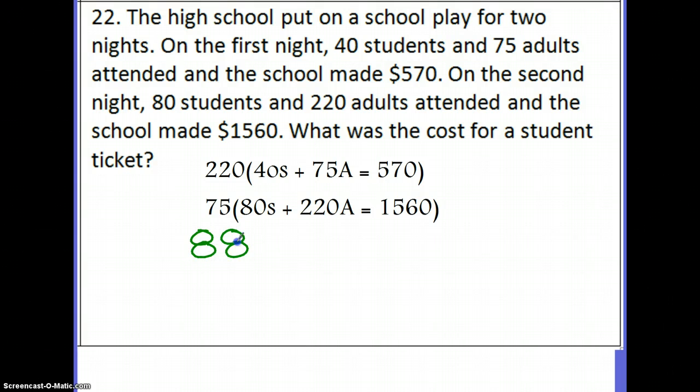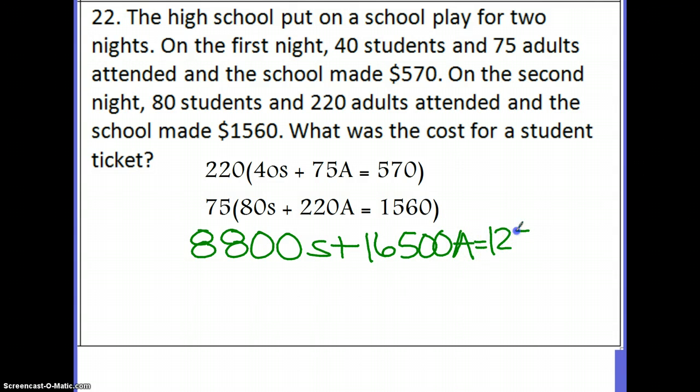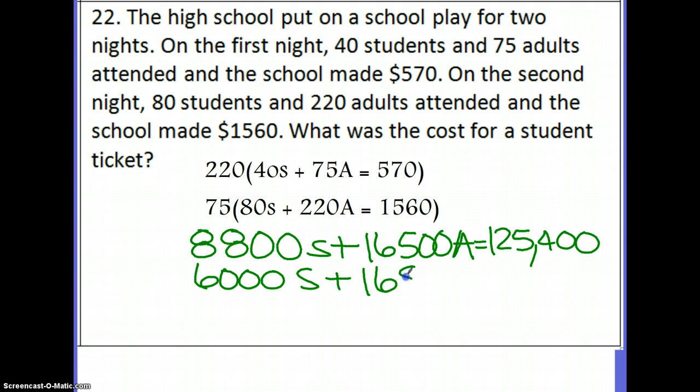I multiplied those out to everything, and I didn't have room unless I typed it up, so I got 8,800 S plus 16,500 A equals 125,400. And on bottom we got 6,000 S plus the same number, 16,500 A, equals 117,000.